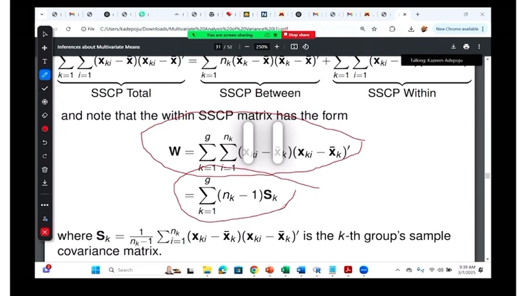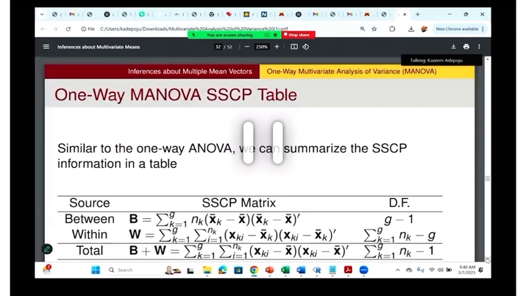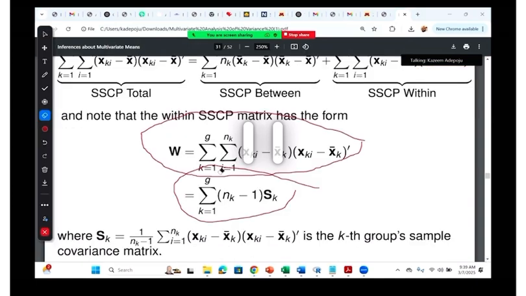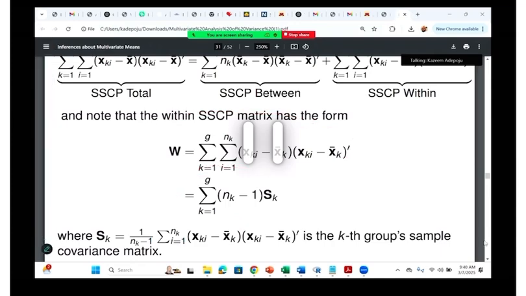Don't forget, we're going to have a different covariance for each group, right? Then NK will be the number of observations in each group. Does that make sense? Okay, how do you get your SK? Don't forget, SK is the sample covariance, reminding you of what we've done before. That's how to get that.